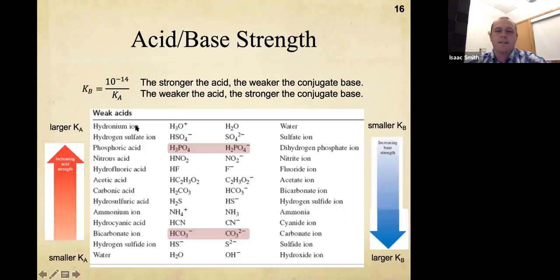All right. Again, we can use this chart to show the inverse relationship between acid strength and base strength. So if an acid has a large Ka, its conjugate base would have a small Kb. Okay.